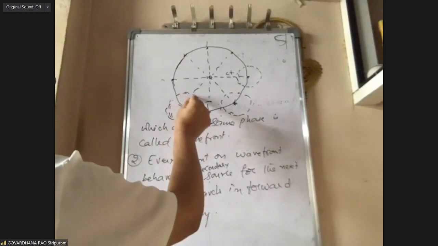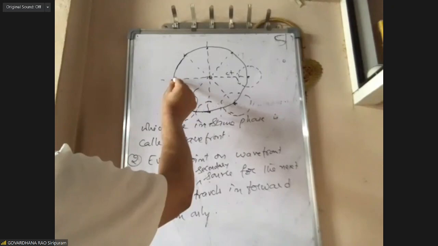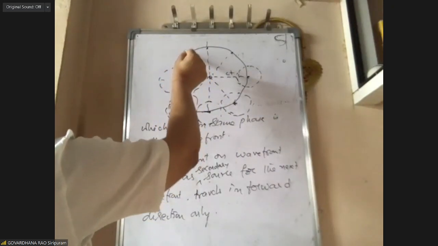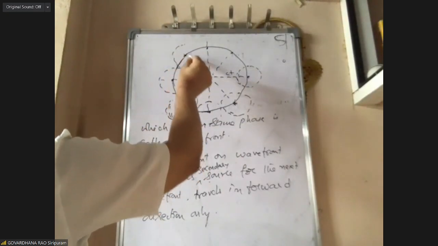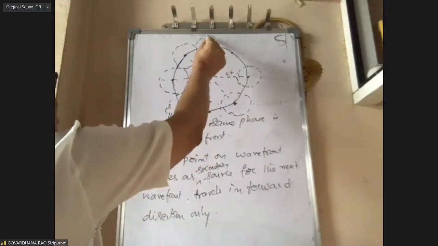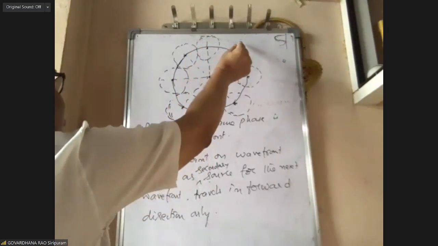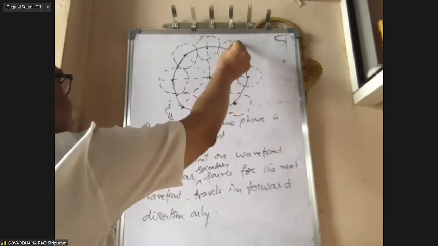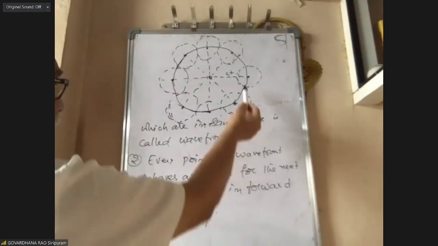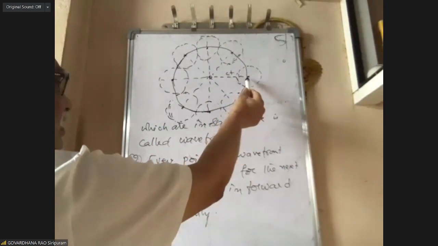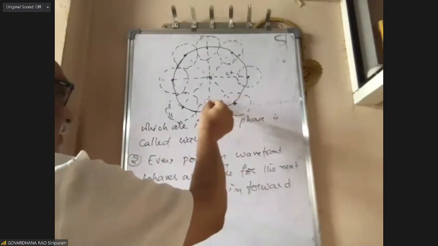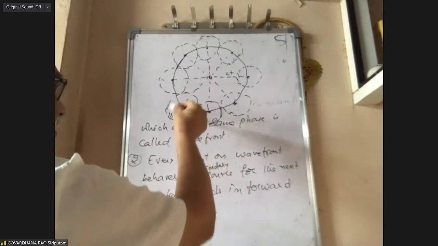Okay, this is a point source. So every point on the wavefront behaves as a secondary source for the next wavefront, like this.